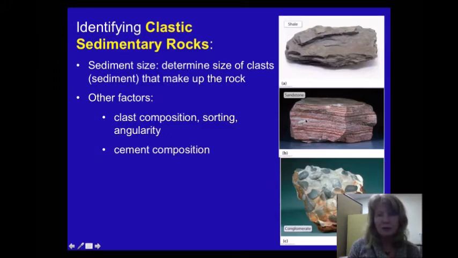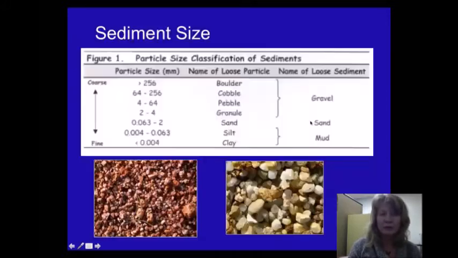Whereas in a sandstone that has mostly sand-sized particles, the cement is much finer in size, or not clastic in nature at all. But it could have a different composition. Usually it's going to be silica-rich, but it could also be a carbonate sediment, so it would react to acid. As for sediment size, there's a chart that talks about sediment size, and you'll find this in your lab.